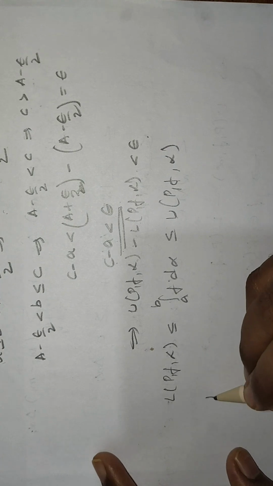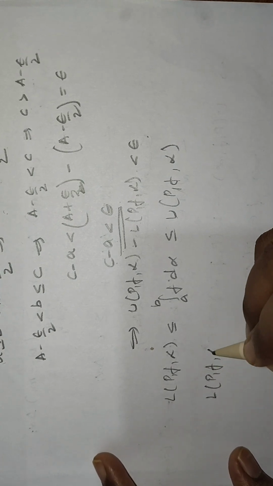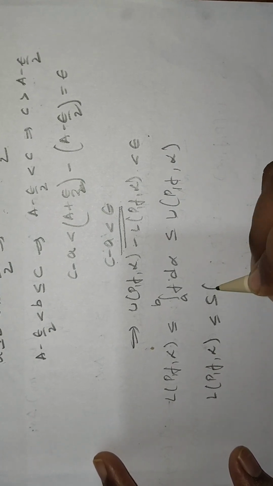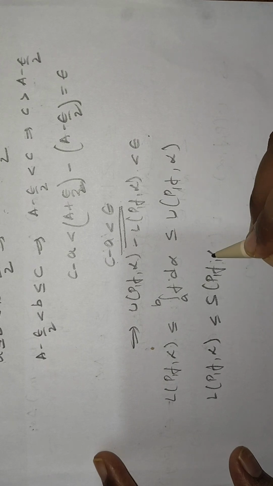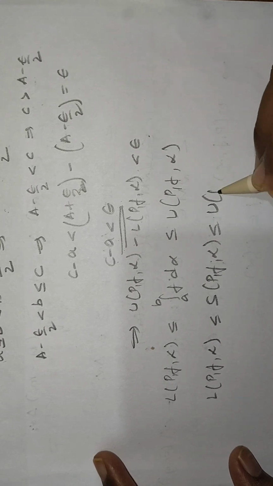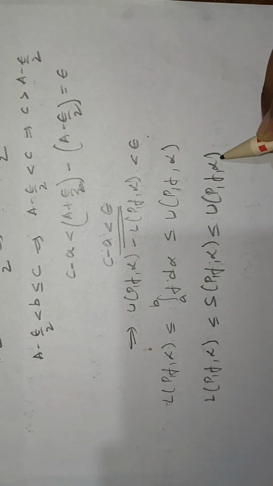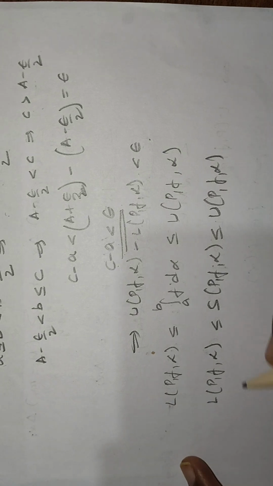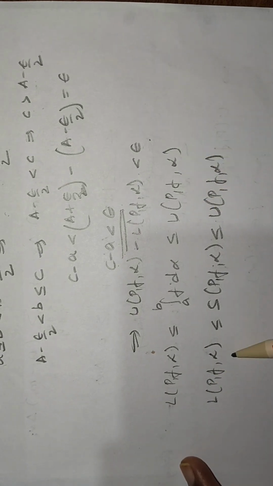Also, we have L(P, f, α) ≤ s(P, f, α) ≤ U(P, f, α). Okay, so here we have this inequality as well as this inequality.